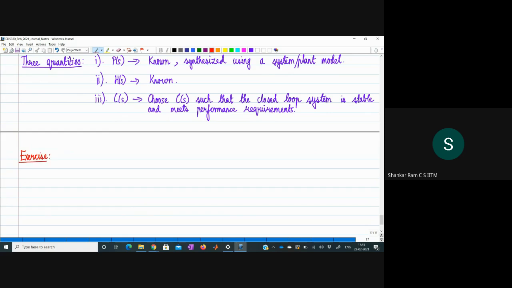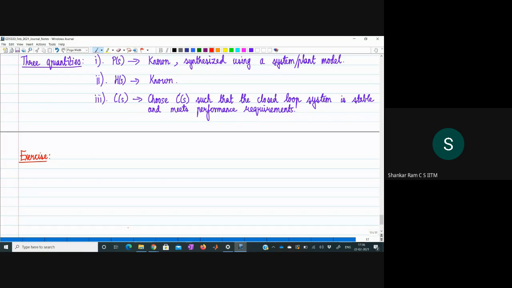We are going to look at various choices for these controller transfer functions. But what I am going to give you as an exercise in this context is that please refer to our notes from the vehicle dynamics course, and find out various models that you have derived.